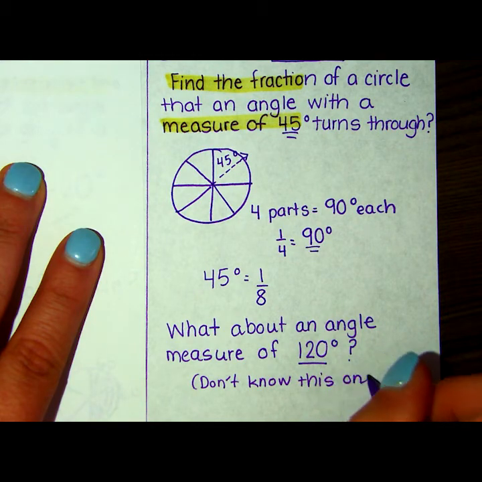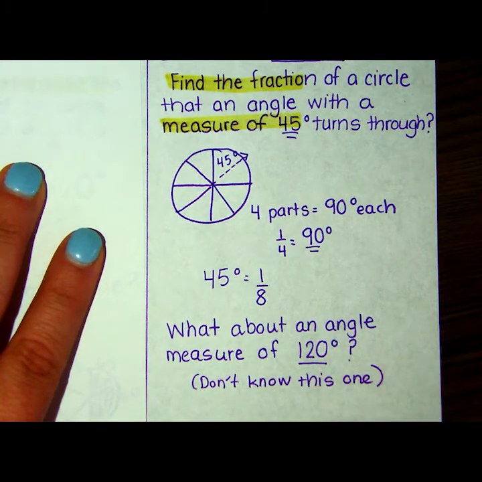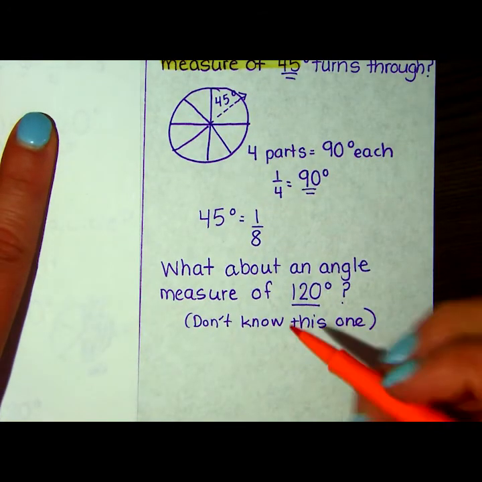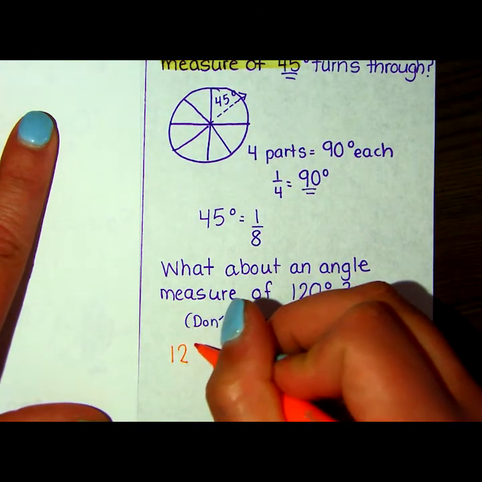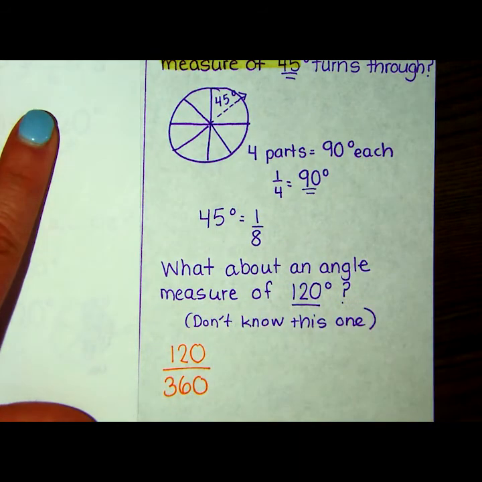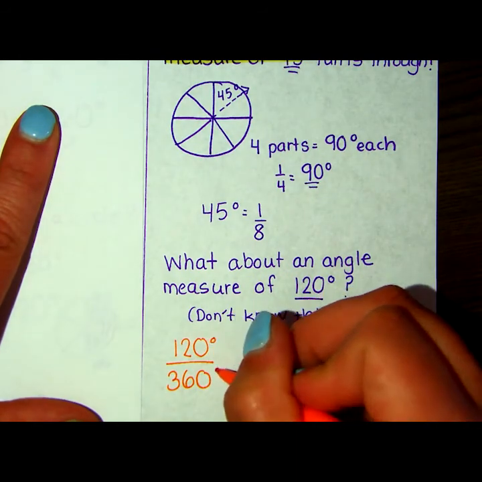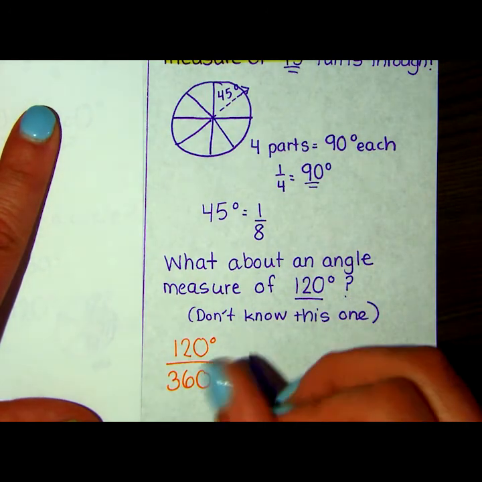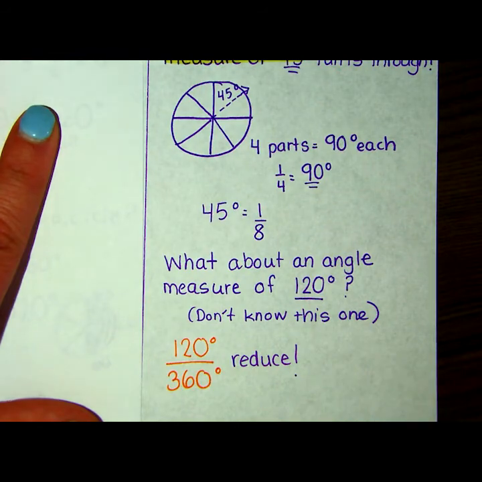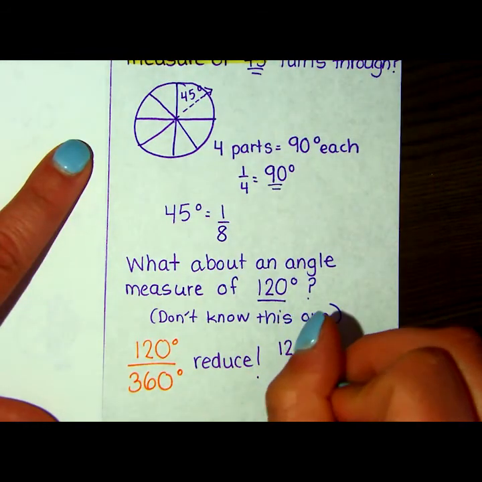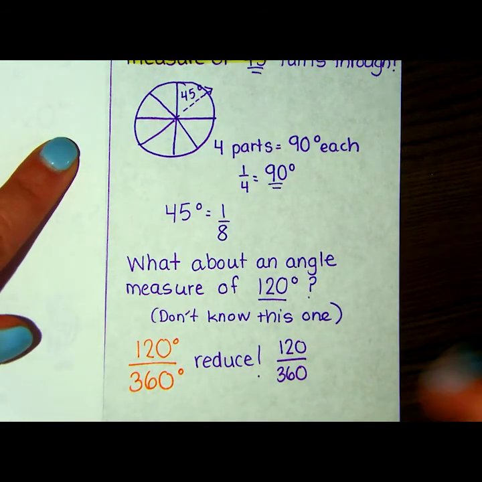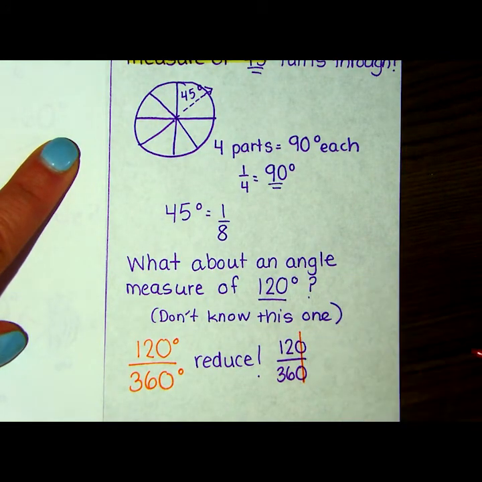All right, so how do I solve? Well, you want to think to yourself, I know that 120 is out of the total 360, and these are the degrees. The first thing we're going to do is reduce. Meaning, I take my 120 out of 360, and I see right away that there's 2 zeros, so I'm going to cross those off.